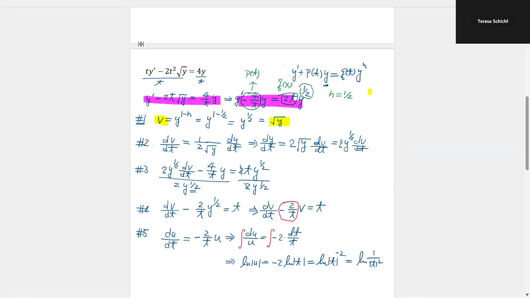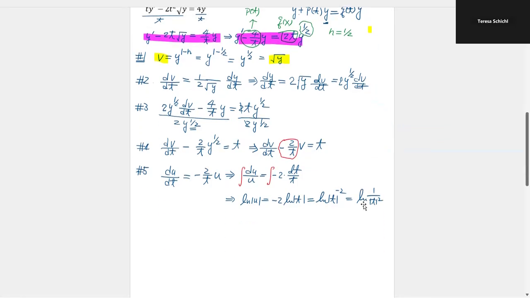Now I can cancel the logs, so u will be equal to 1 over t squared. This is my integrating factor.